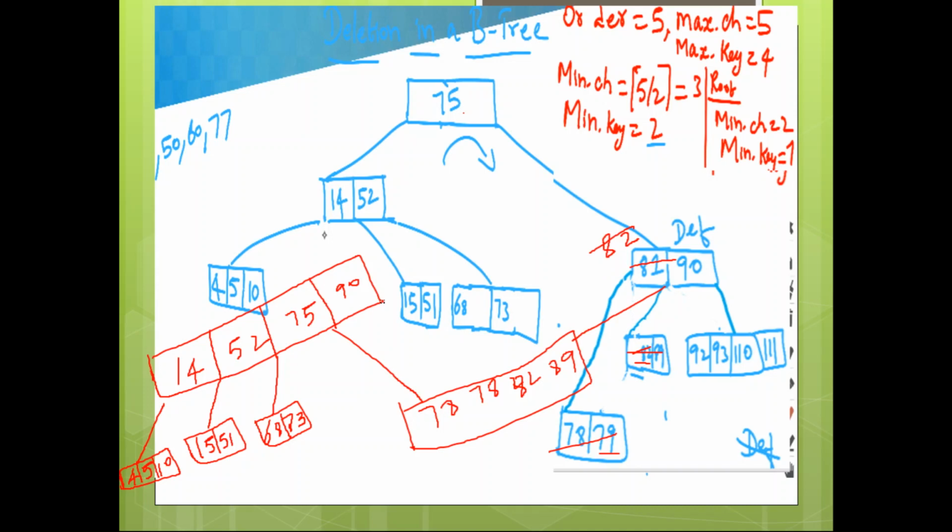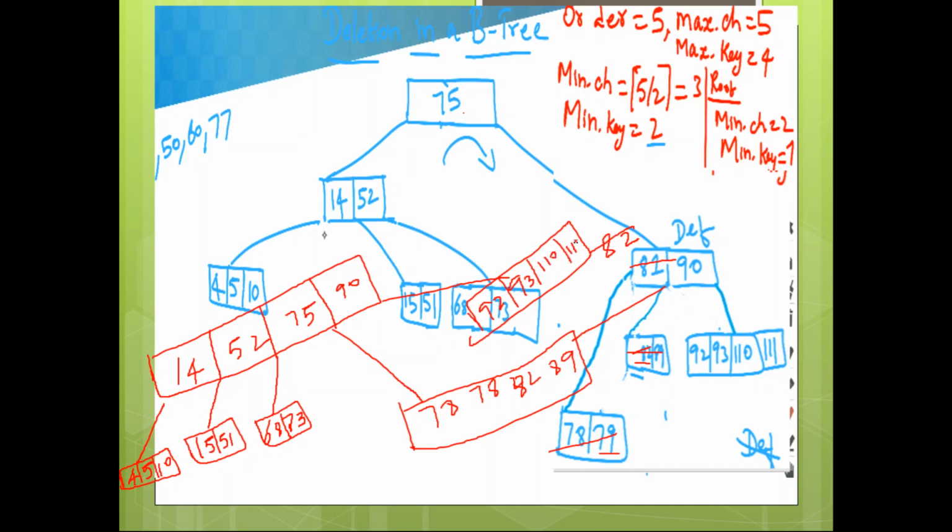To the right of 90 what will we have? 92, 93, 110 and 111. So this step is called shrinking the tree.